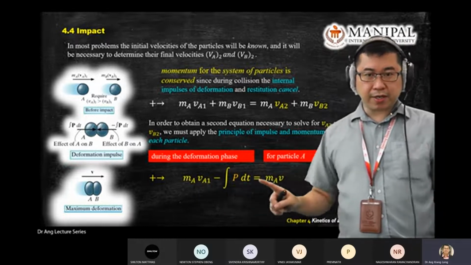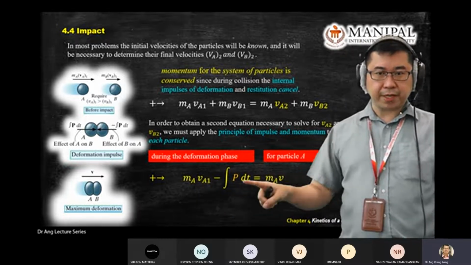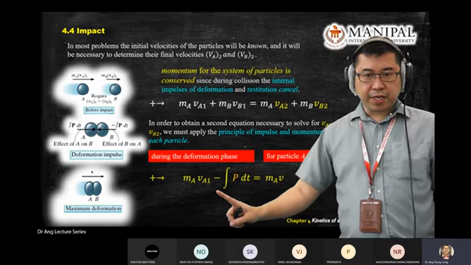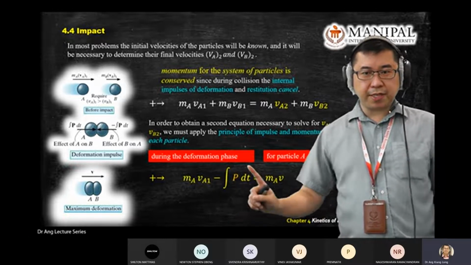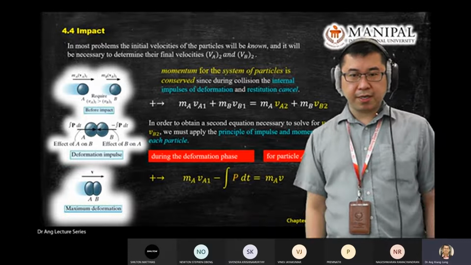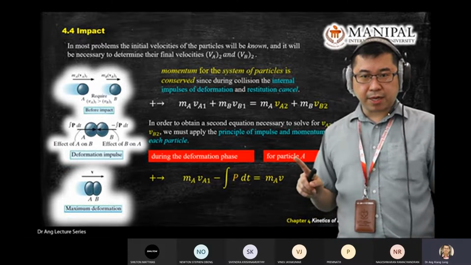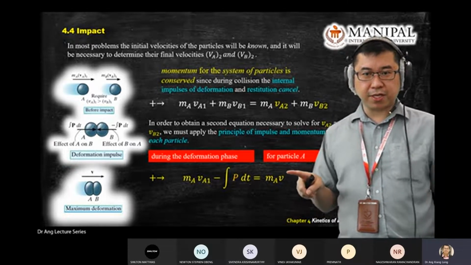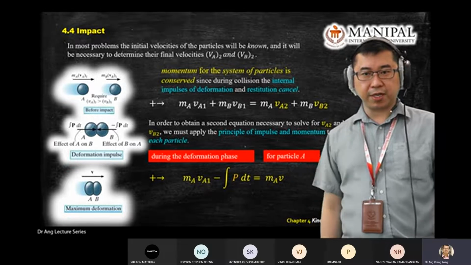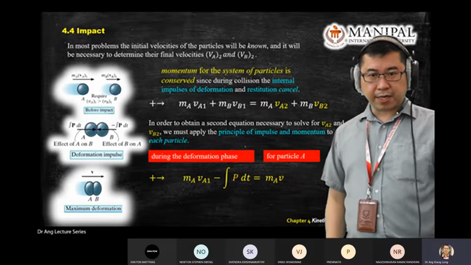So you write the equation for the principle of impulse and momentum for A. Here, you only have one missing parameter.